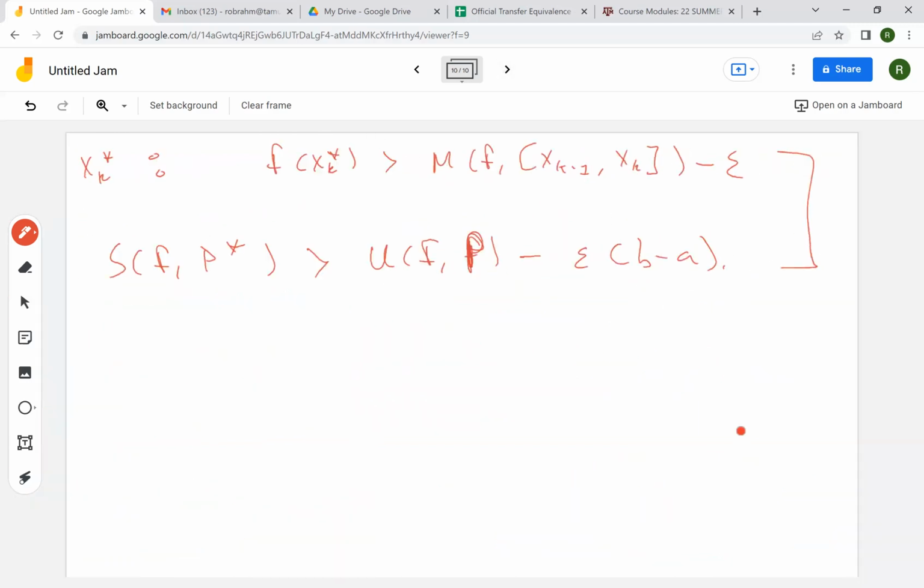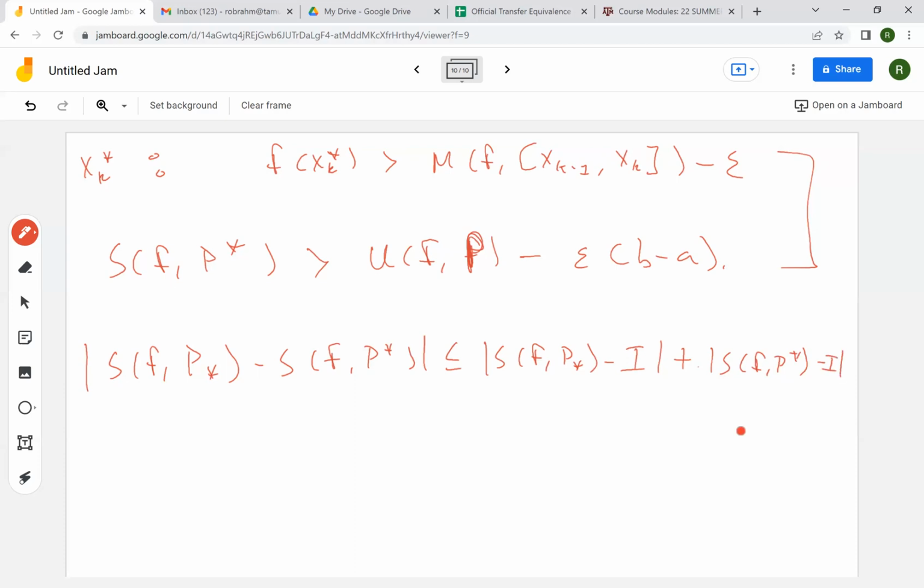And now I'm just applying a very similar argument to the one I did here. Altogether, what this tells me is that S of f, P lower star minus S of f, P upper star is less than or equal to S of f, P lower star minus I, where I denotes the Riemann integral of f, plus S of f, P upper star minus I. And now, P lower star is any tagged partition, and P upper star is any tagged partition.